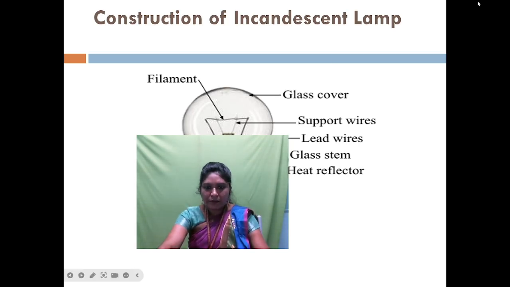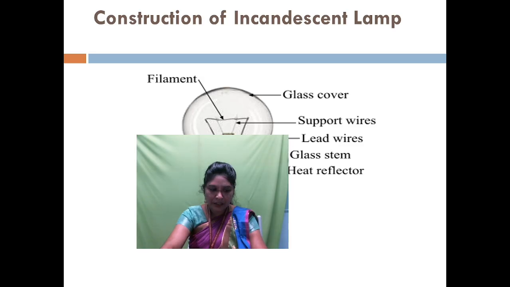The tungsten filament here is of the wound coil type. It is wound or coiled because in this way the length of the filament can be increased, and so the light energy produced also increases.